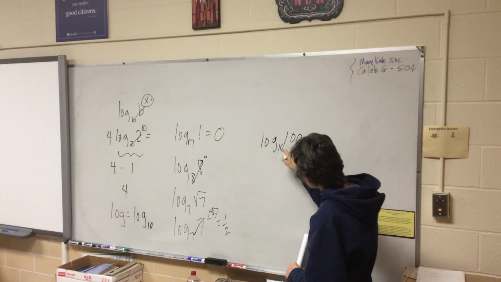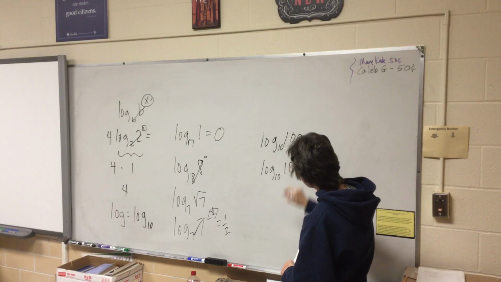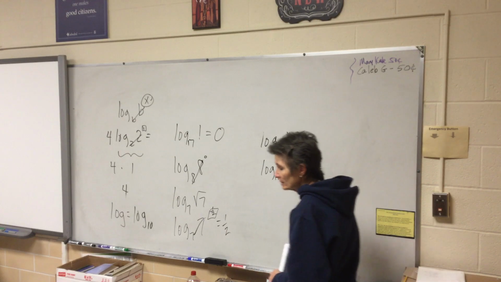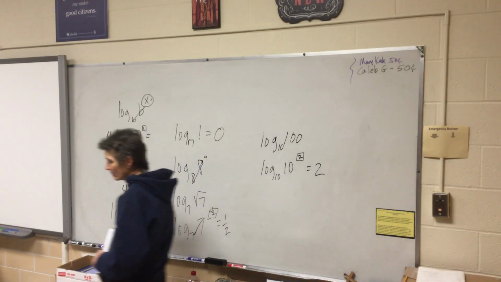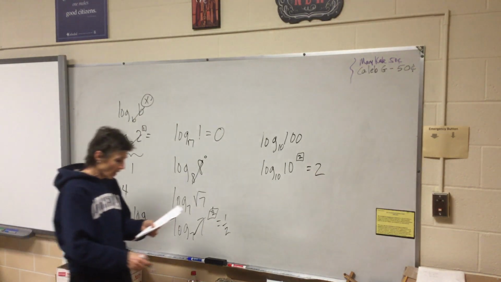Now these two numbers need to match. So you've got to write 100 as 10 to a power. Well, he already did that. He said the answer's 2. And he's right. The log base 10 of 10 squared. Log base 10 of 100. Good, good, good.